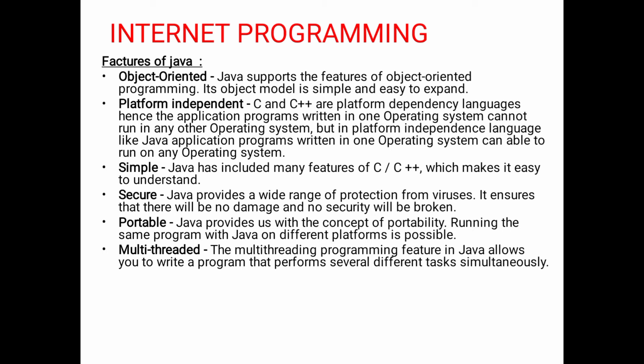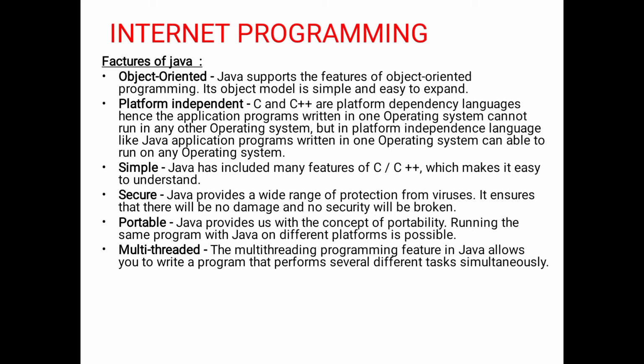And the next one is Java is platform independent. C and C++ are platform dependent languages. Platform dependence in the sense that only a few operating systems support C and C++ languages. But whereas Java can support any operating system and any platform, right? So that is the concept.